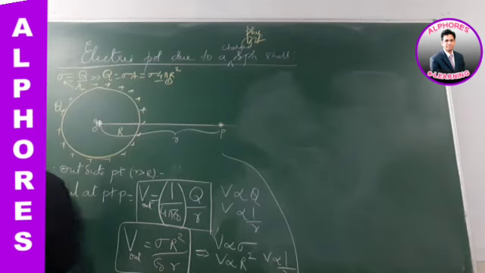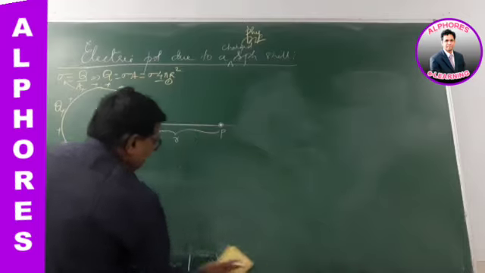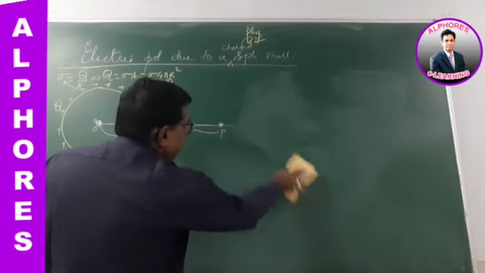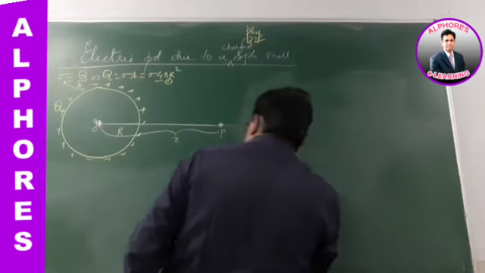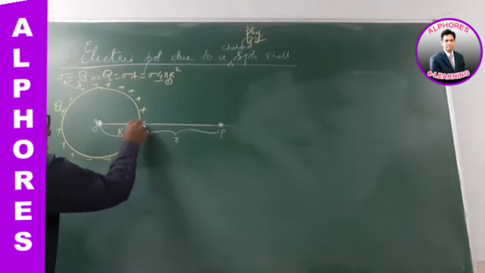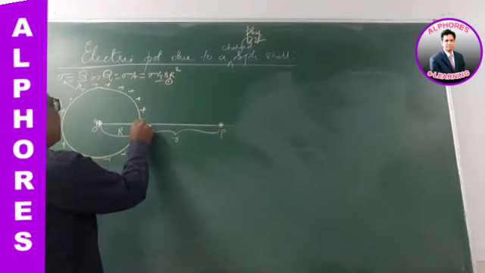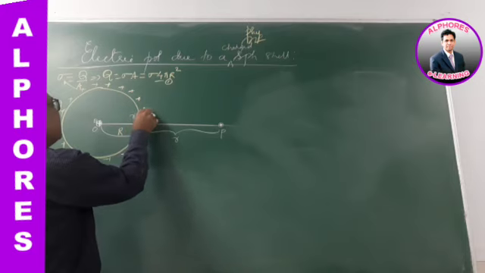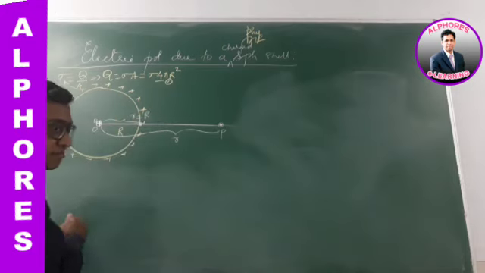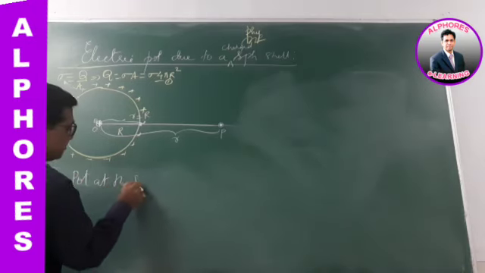Now, next case, case 2: I have to find the potential due to this hollow, uniformly charged sphere at a point on the surface, where the distance small r is capital R. So case 2, potential at the surface point.